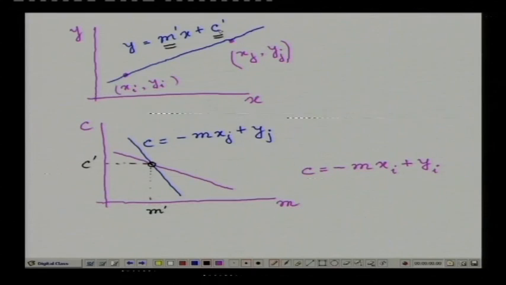Now, if I consider that there are a large number of points lying on the same straight line in the x y plane, each of these points will be mapped to a particular straight line in the MC plane like this, but each of these straight lines will pass through this single point m dash c dash in the parameter space.